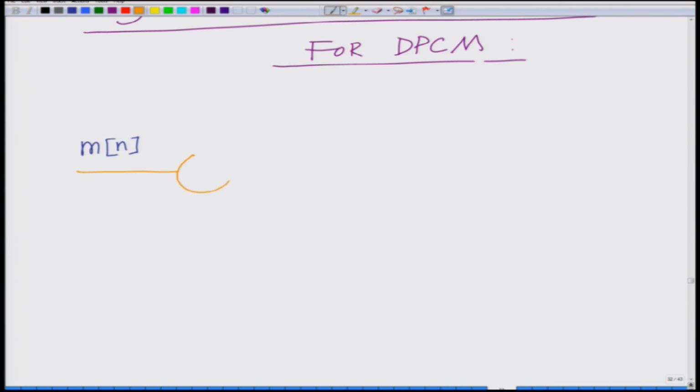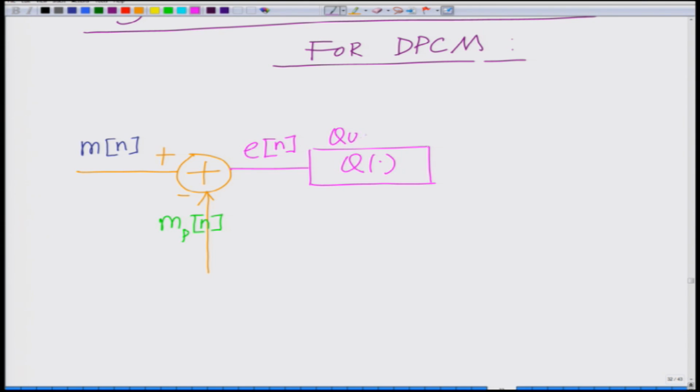Now, from this we subtract the prediction mp[n]. That gives us e[n], which is quantized. This is your quantizer to get the quantized error eq[n].